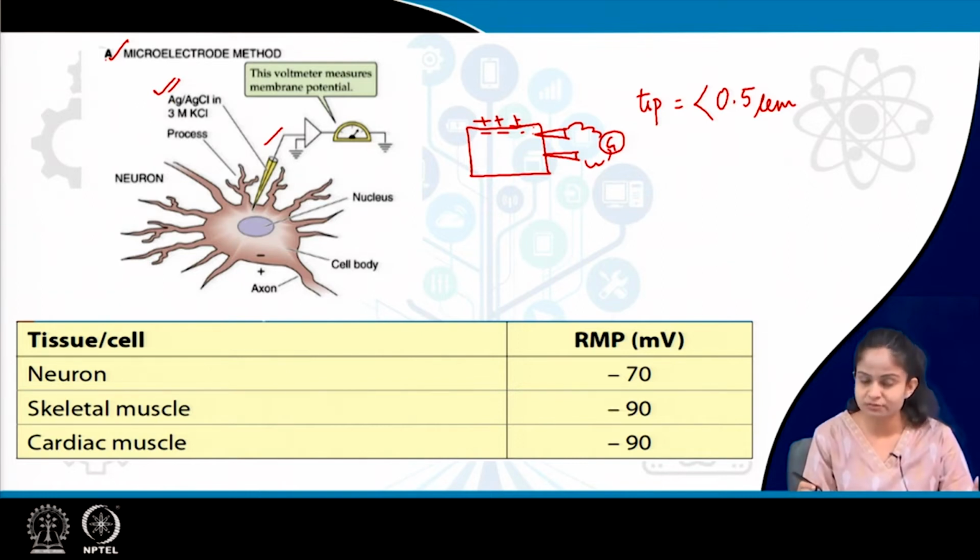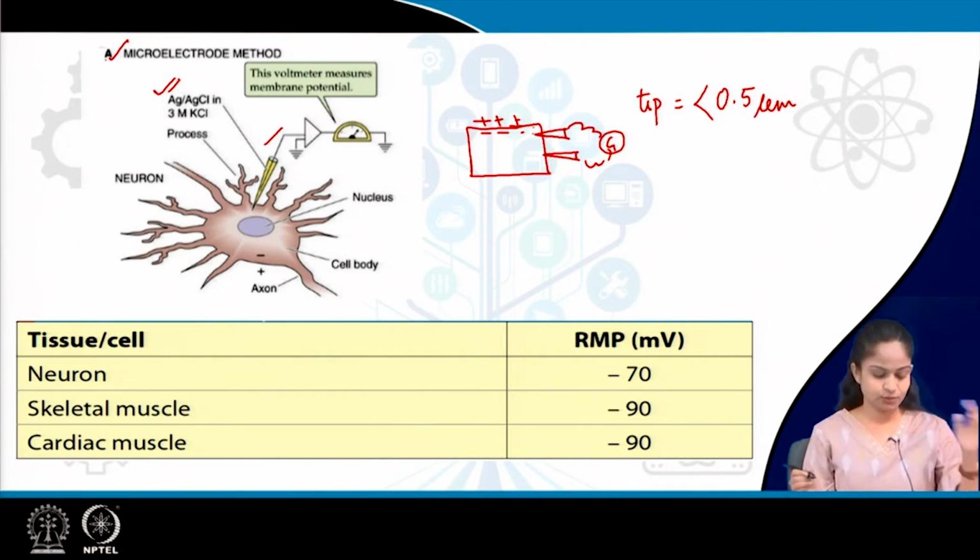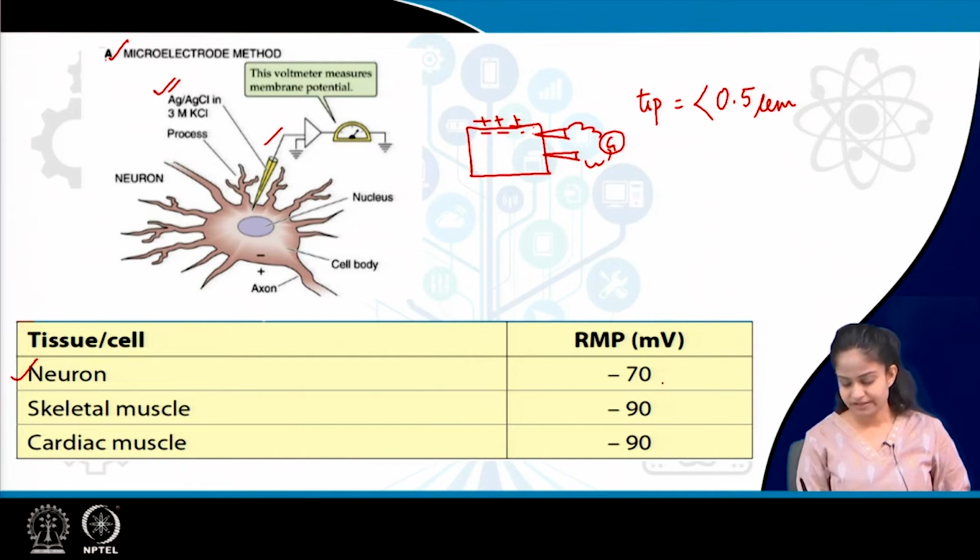So, with the help of these micro electrodes, we can calculate the potential difference, that is the resting membrane potential, in a membrane. In this way we have various tissues or cells in our body which give rise to various resting membrane potentials. Now, we see the neuron or the nerve cell has a resting membrane potential of minus 70 millivolt, very important. The skeletal muscle has a resting membrane potential of minus 90 millivolt.